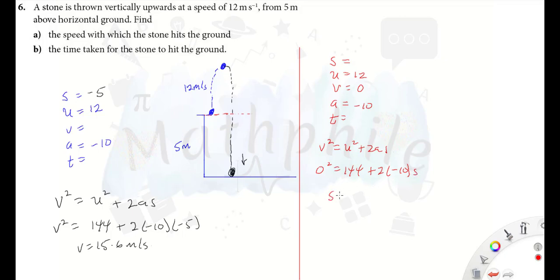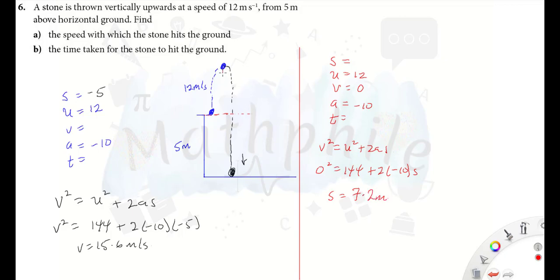So calculating for s, what would you get? I think you are going to get negative 144 divided by negative 20, so 7.2 meters.